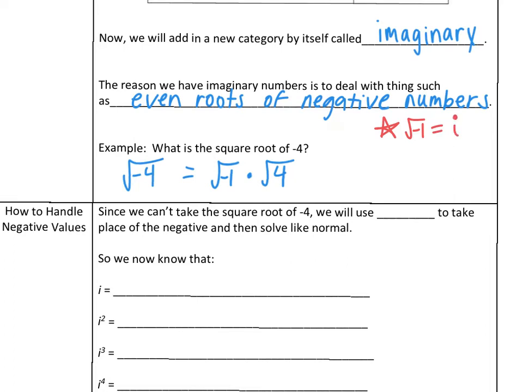Yep, letter i. Just means imaginary. So I can break this down into just i times the square root of 4. And what does the square root of 4 break down to? 2 and 2, which is just a group of 2. So i times 2, or 2i, would just be the answer to this.